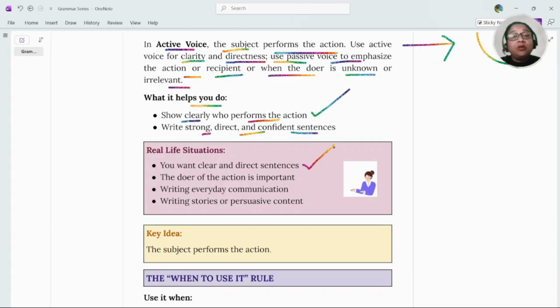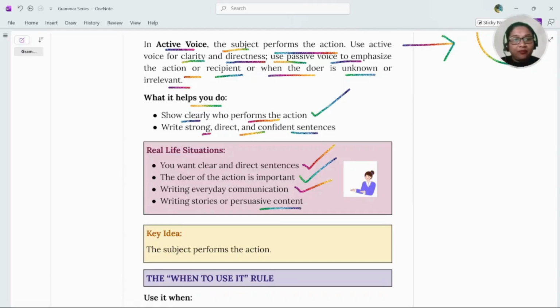When the doer, the person who's doing the action, is important, is when active voice comes into the scene. All right, that's again something very important to keep in mind. The third point here is, writing and everyday communication are also covered whilst using active voice. And very important, when you're writing stories or even persuasive content, active voice comes into play.